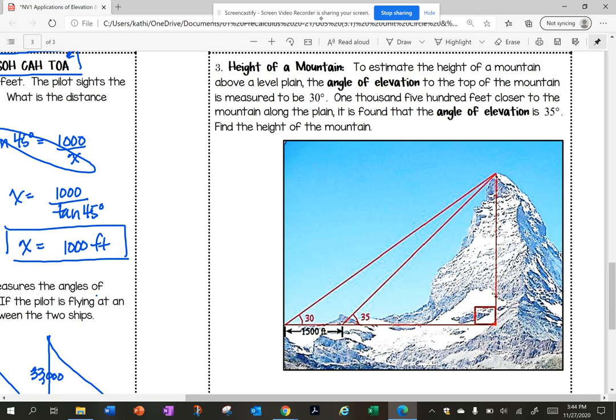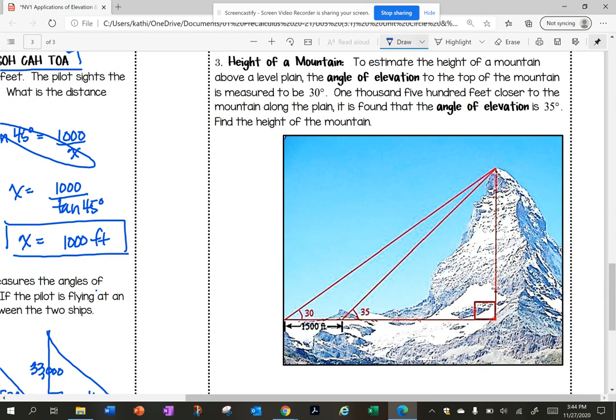So this time, I'm trying to find the height of the mountain. And in the other example, I was given the height and I wanted to find the distance between the two triangles. So I'm given different pieces of information. So I'm going to go about this one a little bit differently. This one works out better if I take this oblique triangle here and divide it by dropping this perpendicular line and dividing that oblique triangle into two right triangles that share a side.